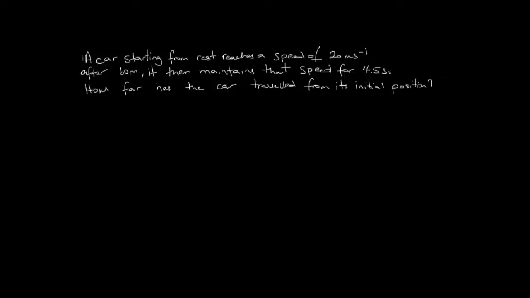So first of all, let us do a simple sketch of what this setup might look like. Let's say we have our starting point here, and then the car travels some distance.